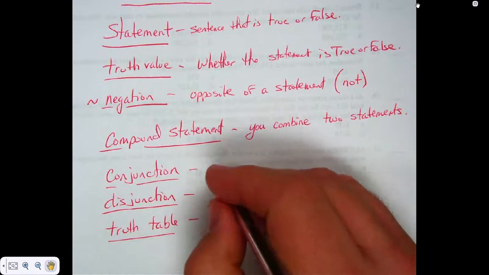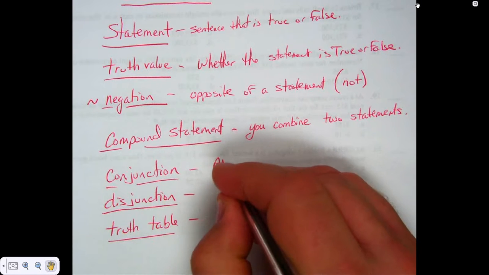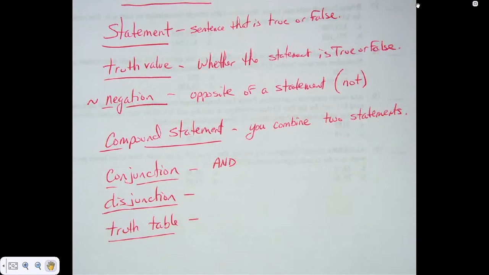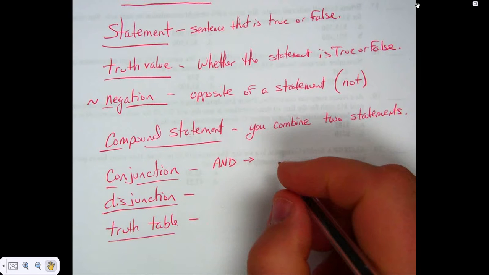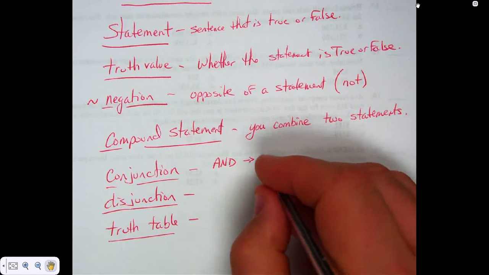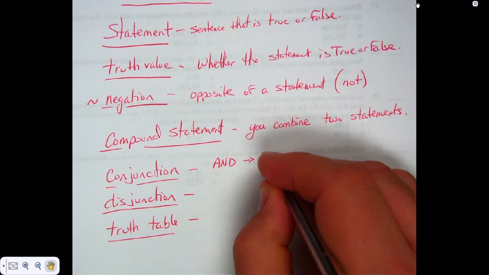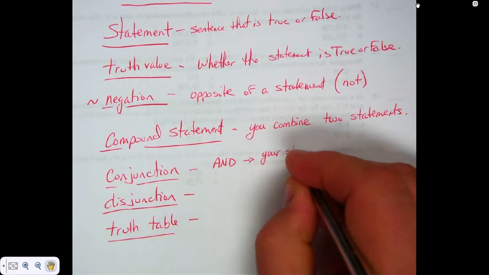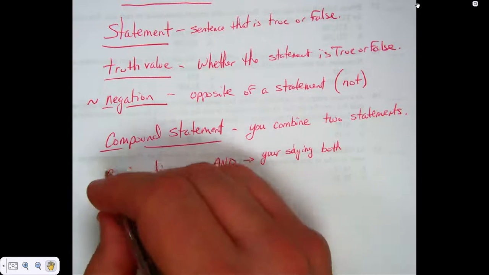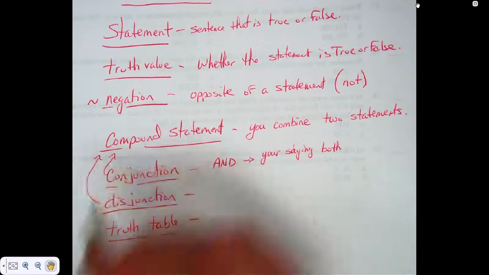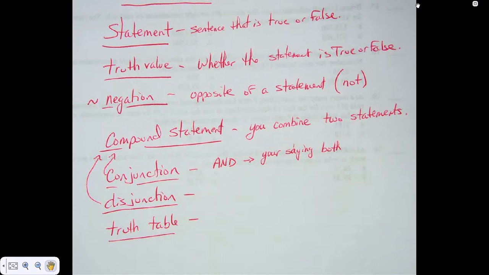Conjunction is simply this: and. You're saying both. Conjunction and disjunction are types of what, do you think?